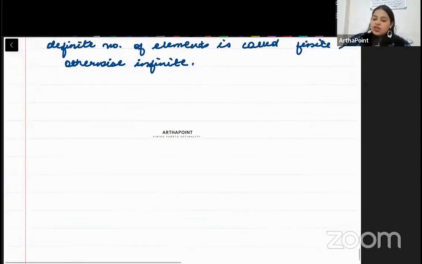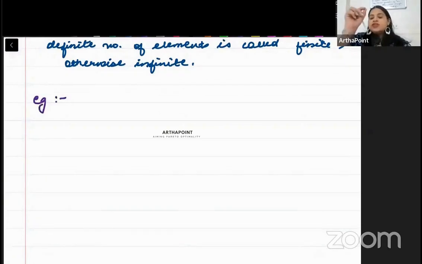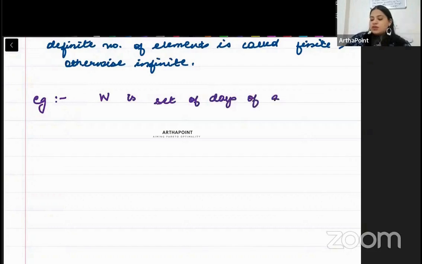Let's take some examples, beta. The first example is that W is the set of days of a week. Beta, the days of the week are fixed. There are 7 days in a week. So W is a finite set. Take the next example.